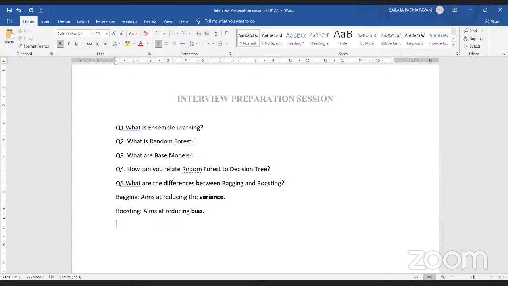And yes, Satya, bagging is a method of merging the same type of predictions, and boosting is a method of different predictions.